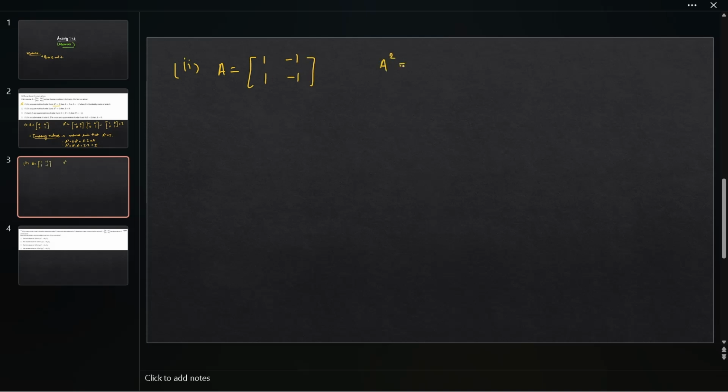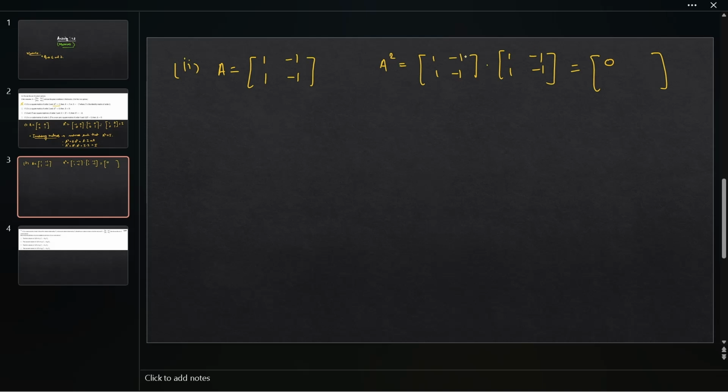Now, what would be the value of A square? My A square would be [1, -1; 1, -1] times [1, -1; 1, -1]. Let's see what would be the product. 1 times 1 is going to give me 1, plus -1 times 1 is -1. So 1 plus -1 would be 0.